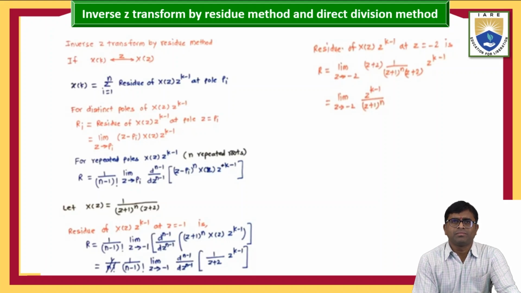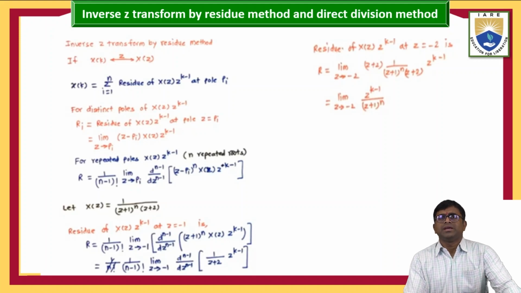Comparing the partial fraction method with the residue method, we get the same answers, the same problem solutions. But the convention for calculating the inverse Z transform is different in the residue and partial fraction methods.